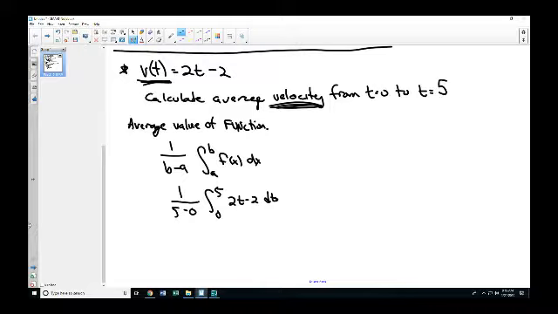What's the antiderivative of t minus 2? T squared over 2, minus 2t. Okay. A lot of people are doing this. Bad, that's a no-no. Since you calculated the antiderivative, the integral is now gone, and you are now writing evaluate 0 to 5. And we have a 1/5 in front, right?